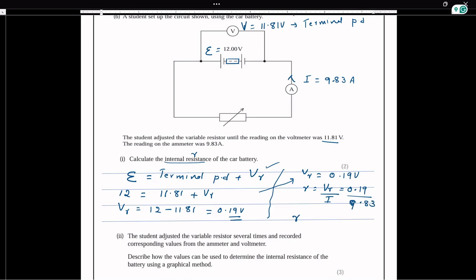On calculation, we are getting the internal resistance as 0.019, approximately 0.02 ohms. This is the internal resistance.